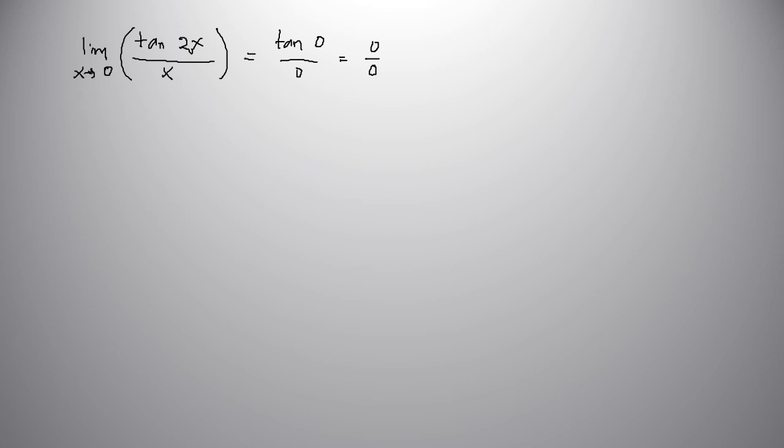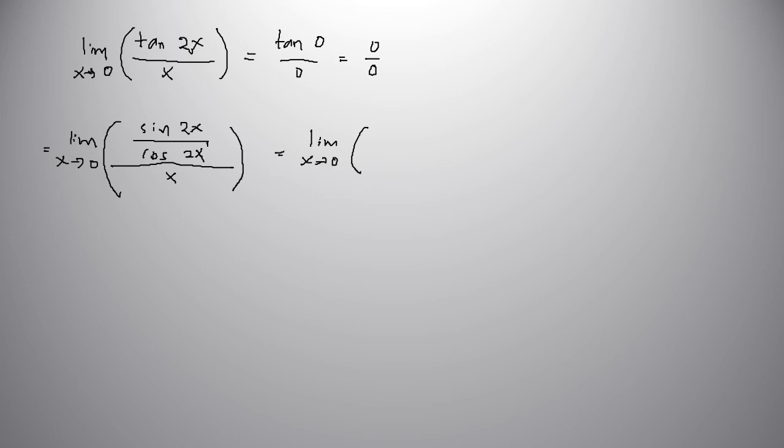So we will adjust our function to fit the squeezing theorem. So now we can write tangent 2x as sine 2x over cos 2x, over x.